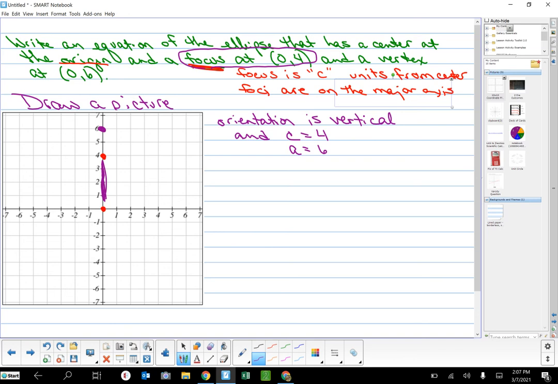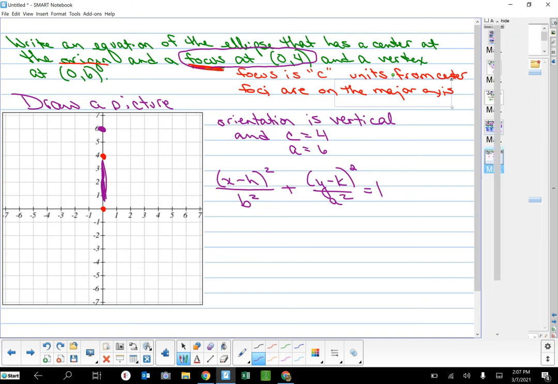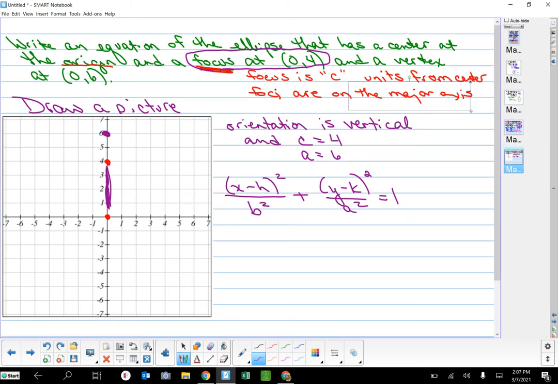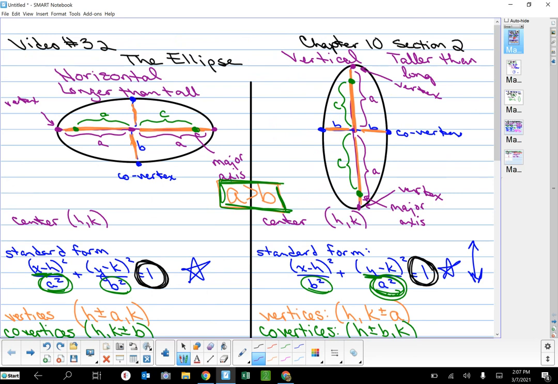Okay, so we need to fill in, if the orientation is vertical, and here's why this is so important, x minus h quantity squared over b squared plus y minus k quantity squared over a squared equals 1. I want to know what formula I have to fill in right from the beginning. And so if I'm you, I'm going back to the very beginning of my notes, which I'm going to do. I'm jumping back there.